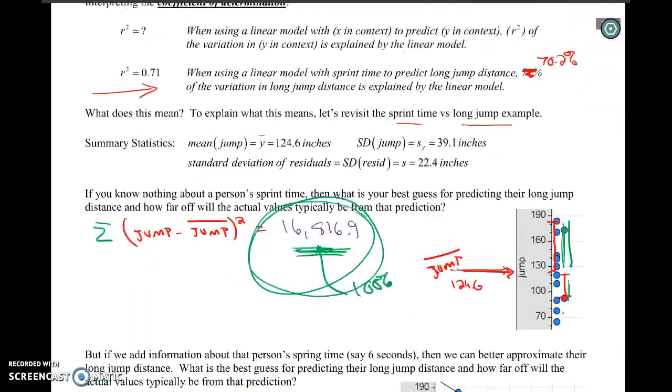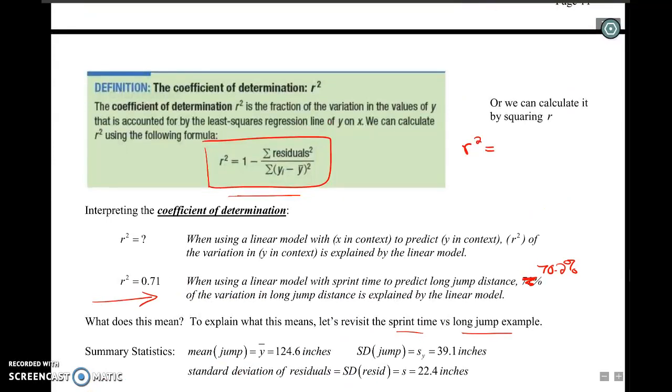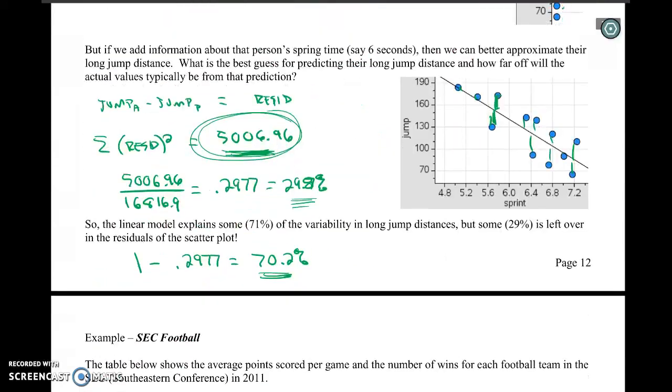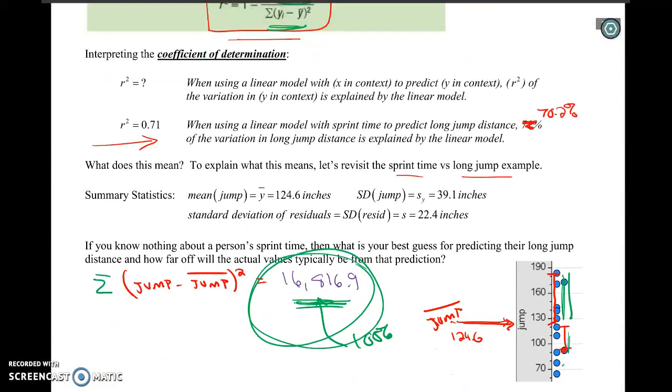And that's exactly what this formula is. It's 1 minus the sum of the residuals squared, divided by the total squared errors whenever you just use the mean to predict it. So that's why this interpretation is what it is.